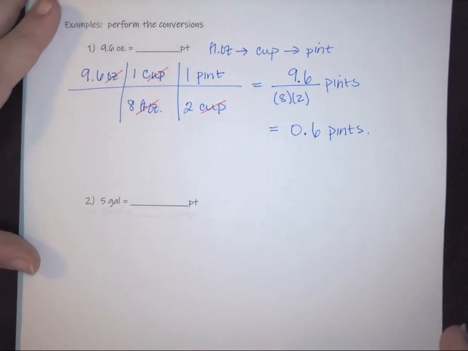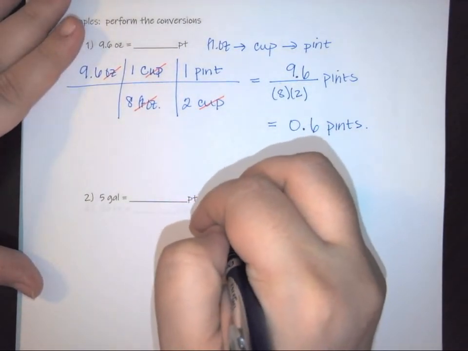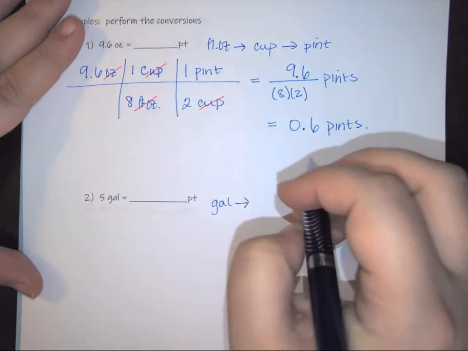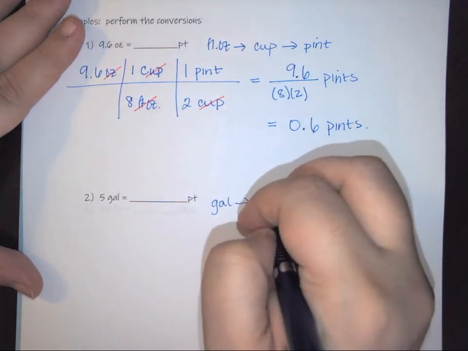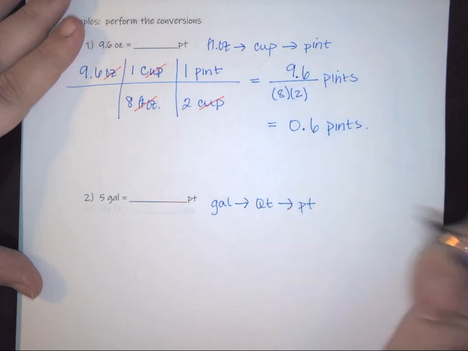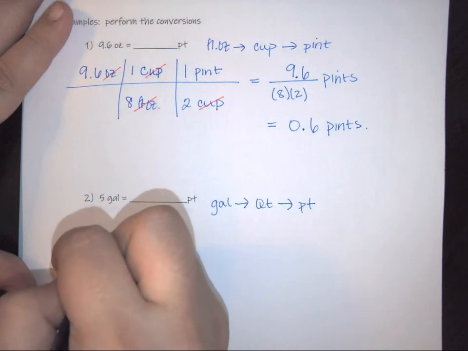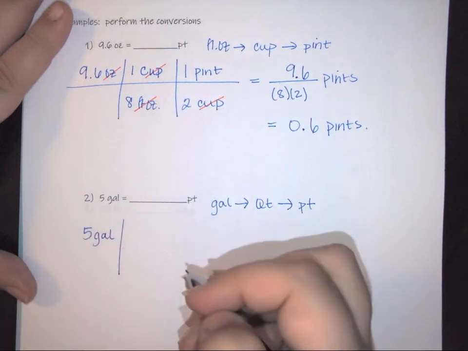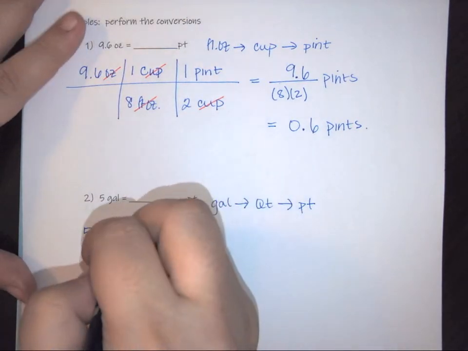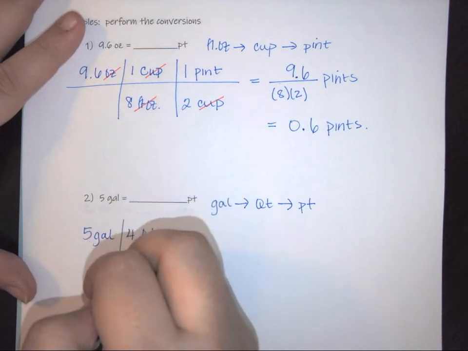Now here I'm going to go from gallons into pints. So the first thing I need to do is go from gallons into quarts, and then from quarts I can go to pints. So I've got 5 gallons, and here I know that I've got 4 quarts per gallon.